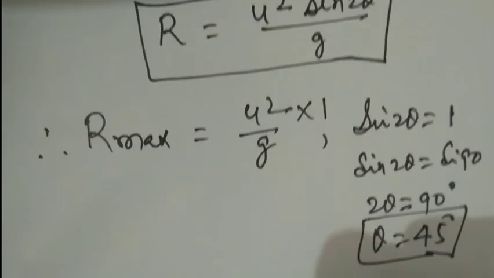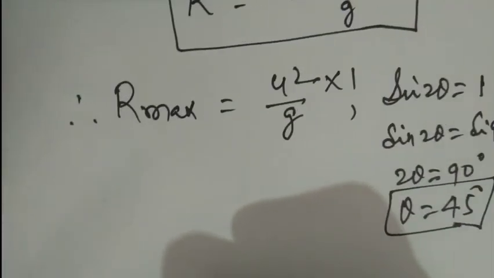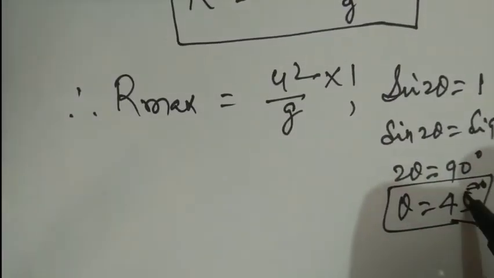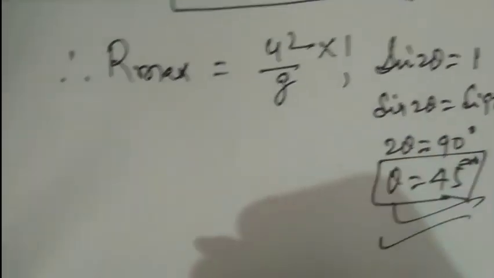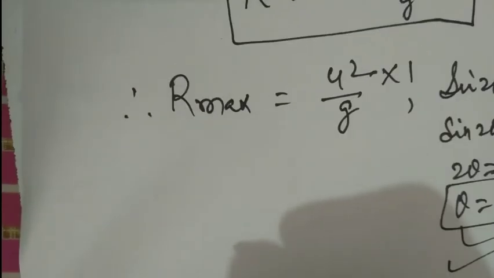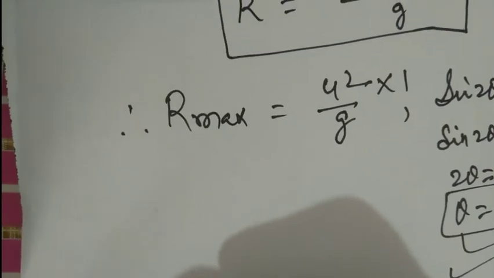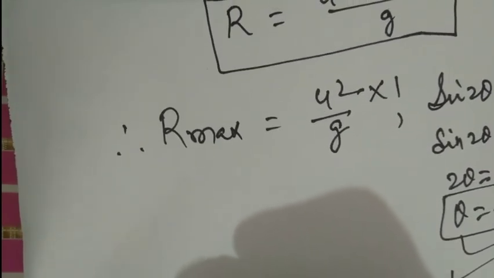If the body is projected into the air at an angle of 45 degrees, it will cover the maximum horizontal distance. So these are the expressions of time of flight, horizontal distance, and vertical height.